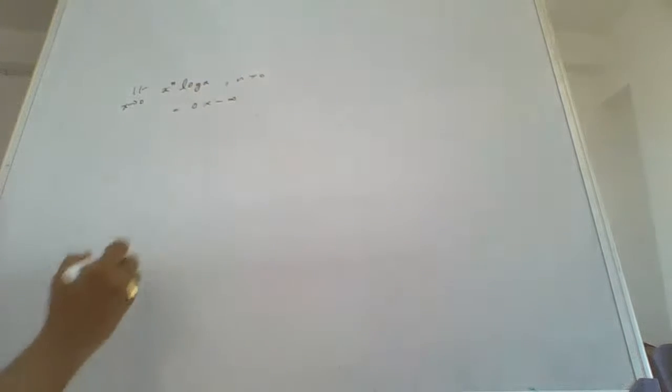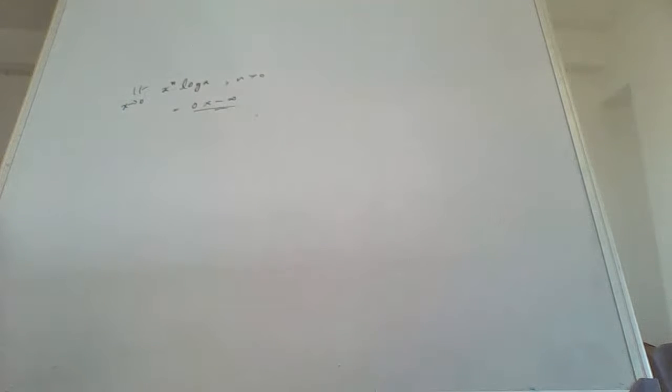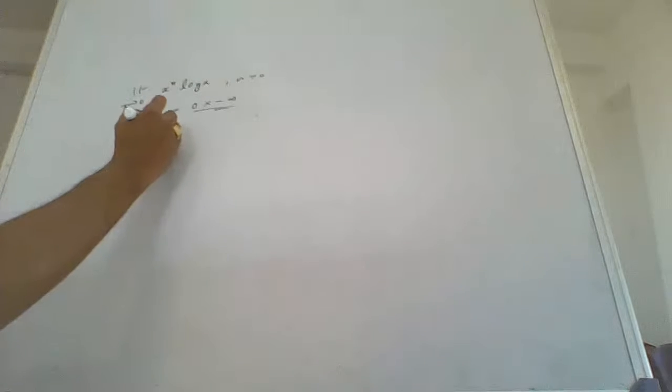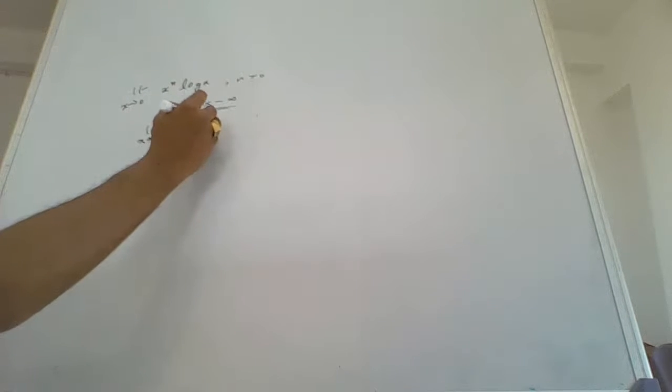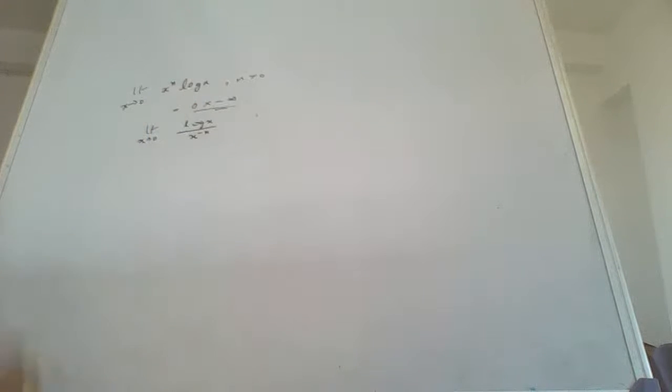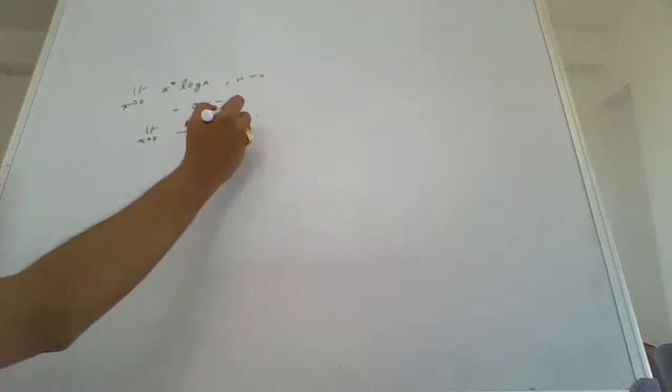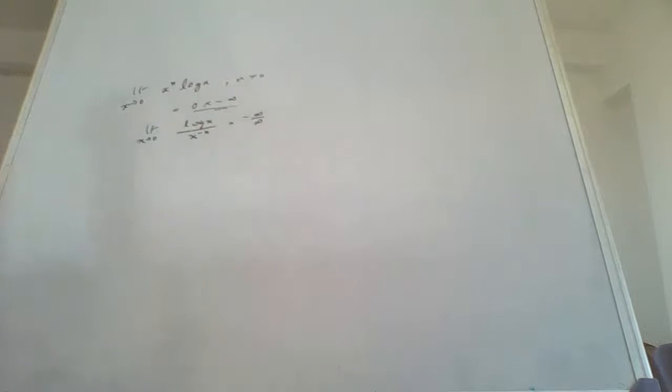Here, when you put x equal to 0, this is 0 and this is minus infinity, which is again an indeterminate form. Let us look further at how to solve this. If I write it as log x divided by x to the power of minus n, again this is minus infinity by infinity.